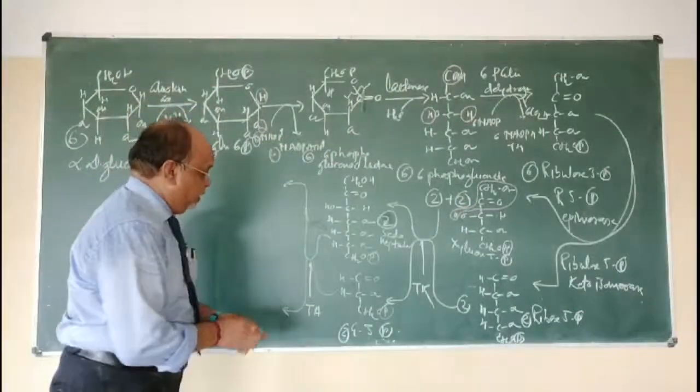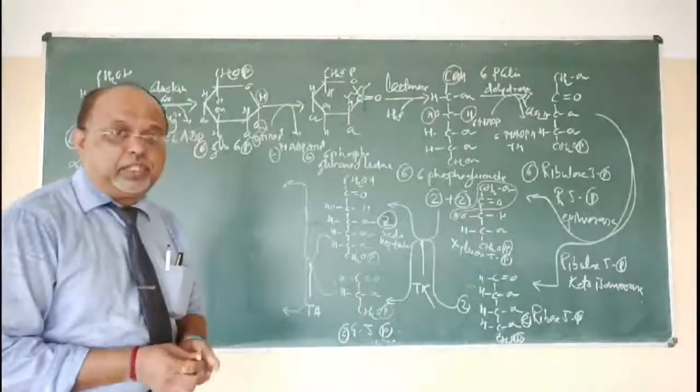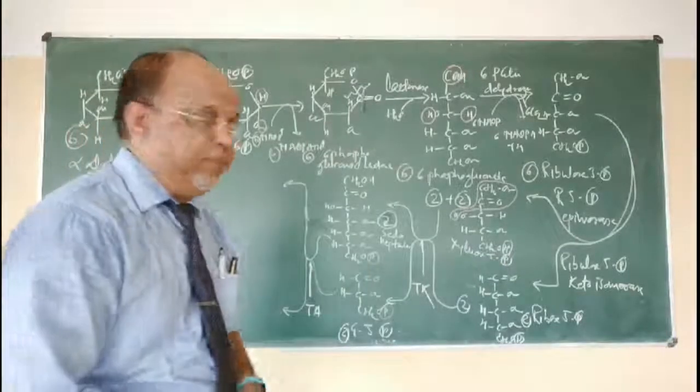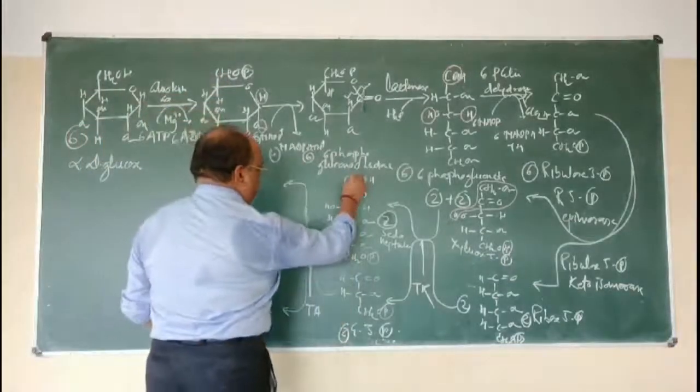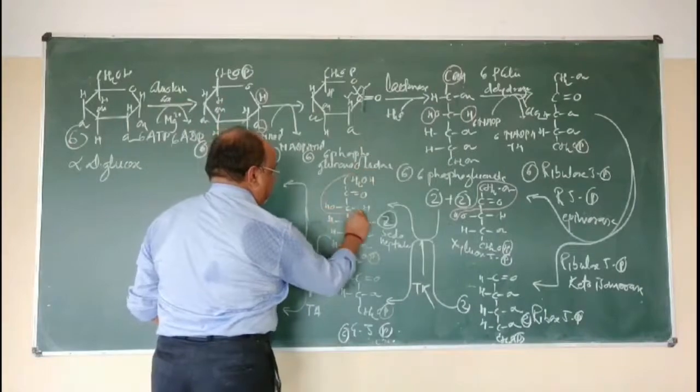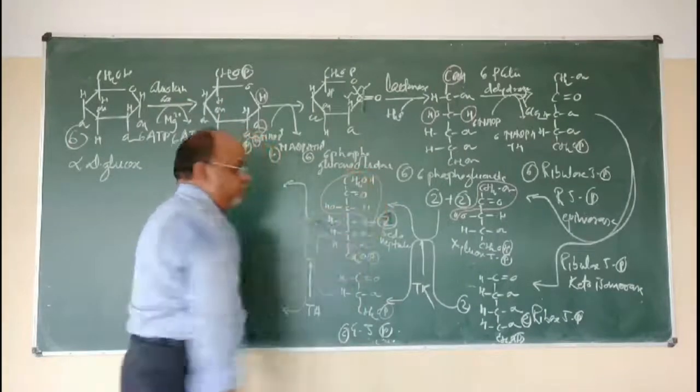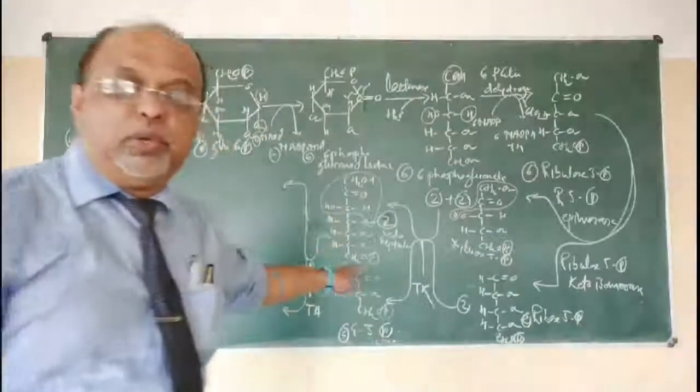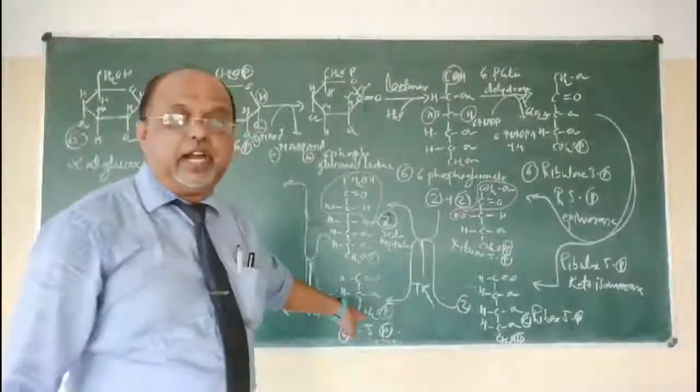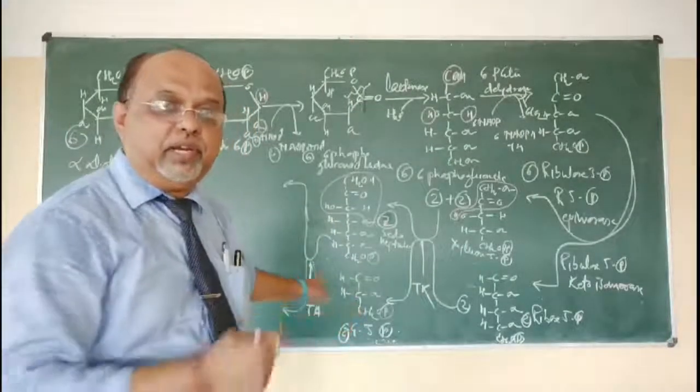So what happens? The trans-aldolase transfers the 3 carbon fragment. Okay. So it transfers this 3 carbon fragment from sedoheptulose 7-phosphate to glyceraldehyde 3-phosphate. And what is formed? Let us see.